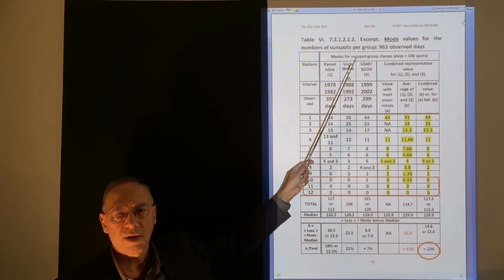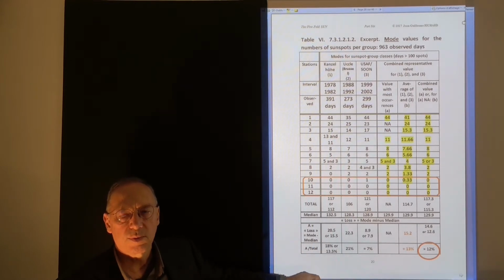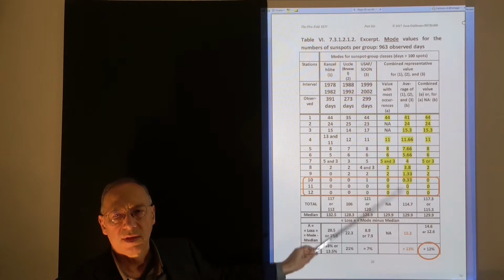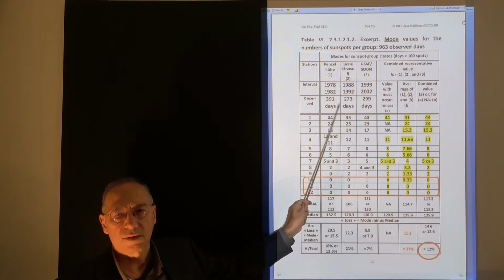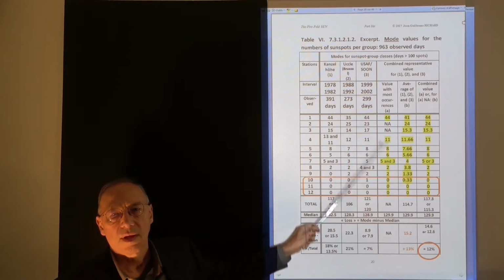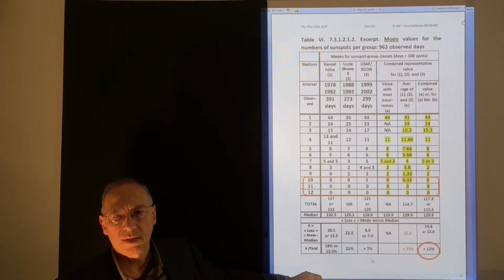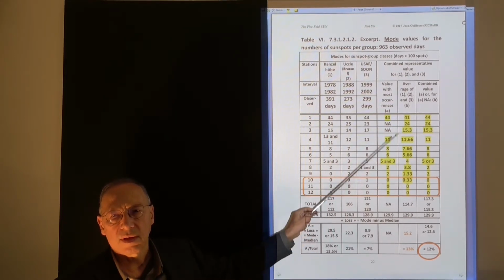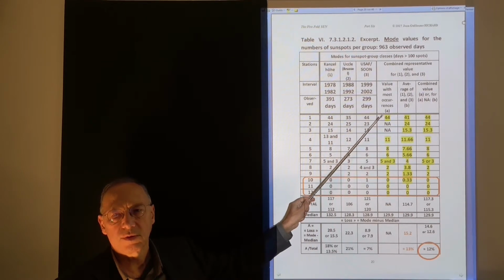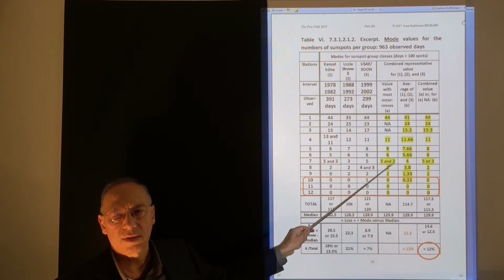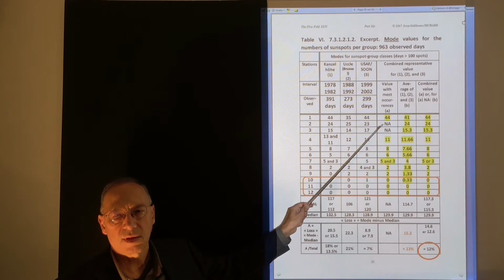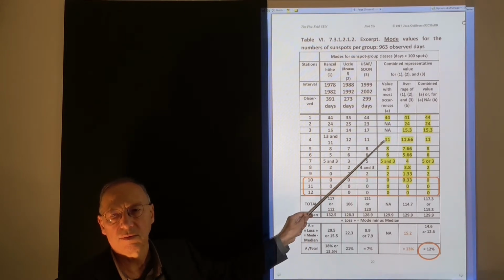So the mode values for the numbers of sunspots per group for 963 observed days, you see from the 3 different source stations, each for a distinct solar maximum, we find a value with most occurrences, which is here in this column, but we do not have these numbers for all groups.